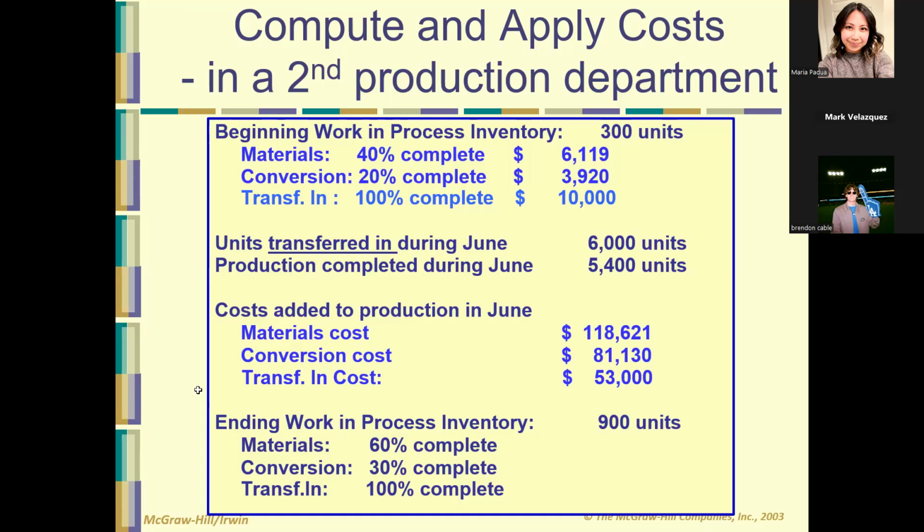Okay. This is the template. Beginning inventory plus transfers, that's what's available. Less the transfers out gives you the ending inventory. How do we get the unit cost? Okay. The units of production cost. Well, the units of production looks like it's going to be total available, 90,000.